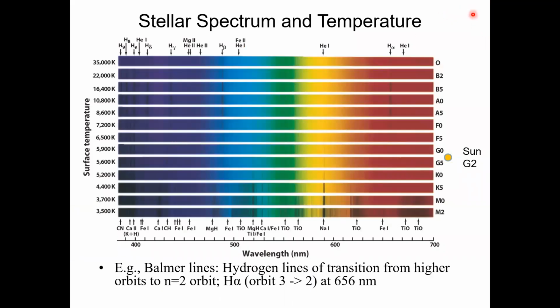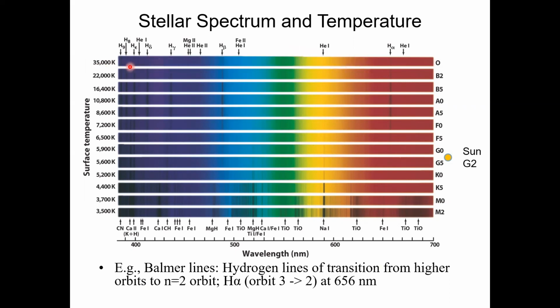Now we go into the fully fledged spectrum. Not just ratios of different colors, but if you do a very comprehensive series of measurements, you can do that. And this is the entire spectrum of different stars. If you generate the spectrum of a 35,000 Kelvin star, you will see it like this.